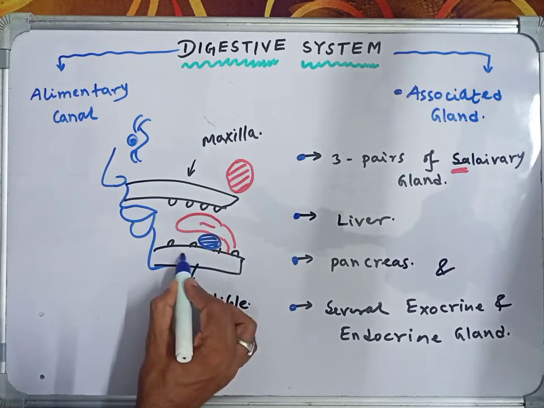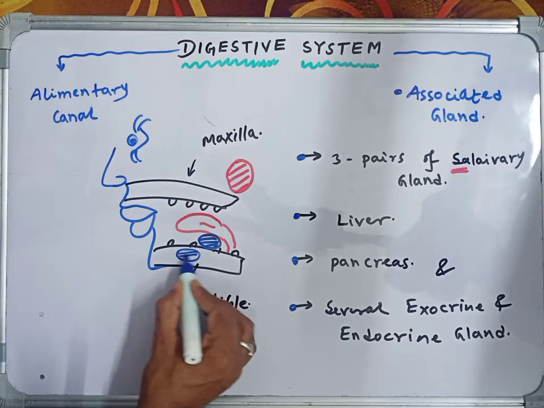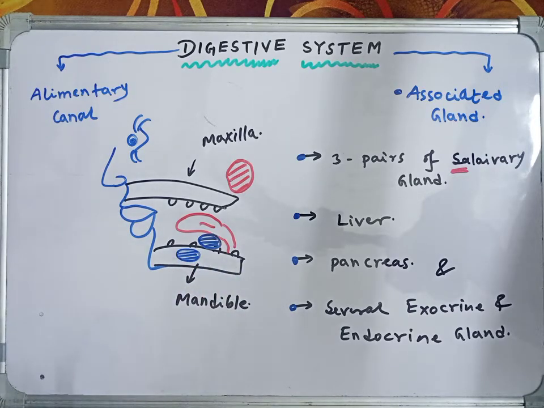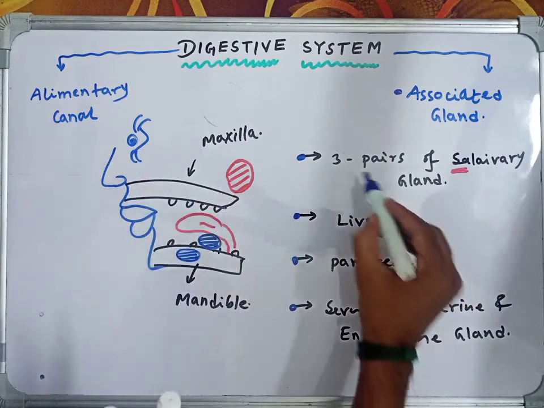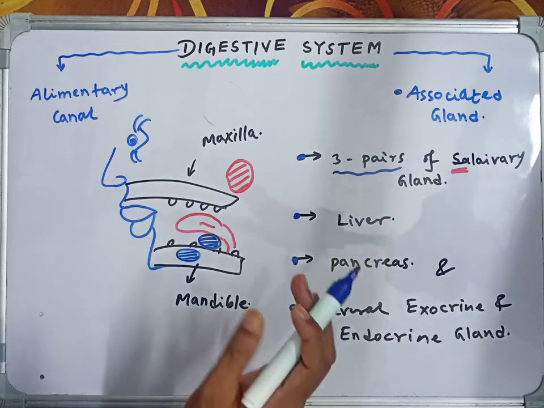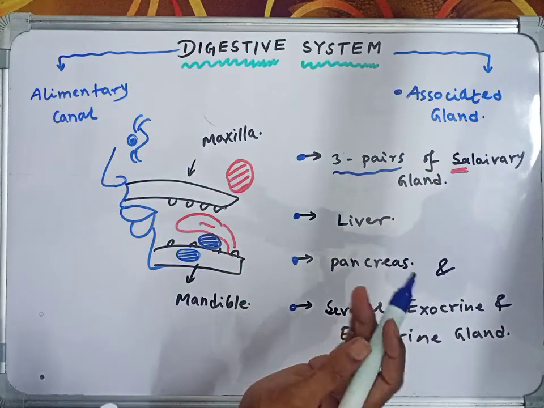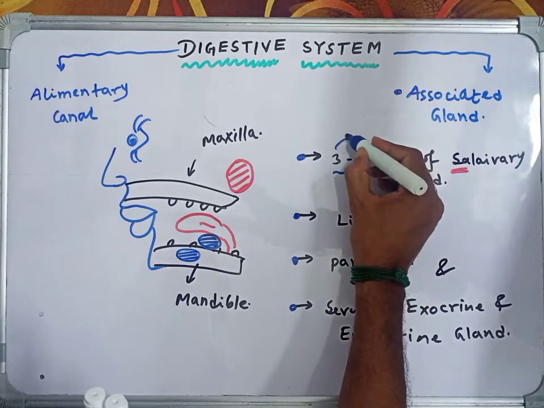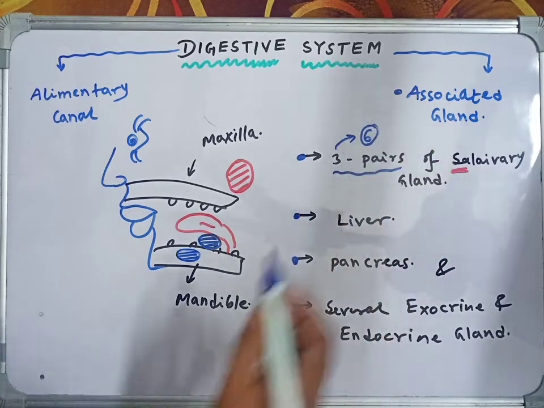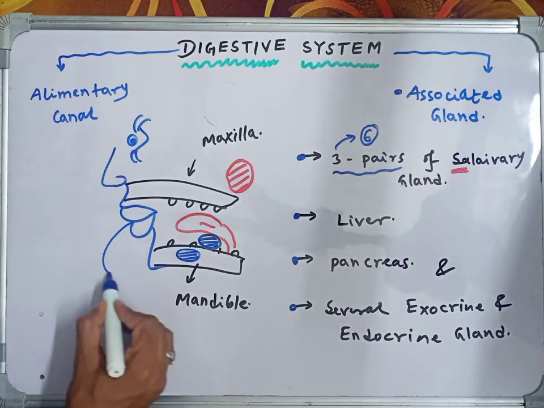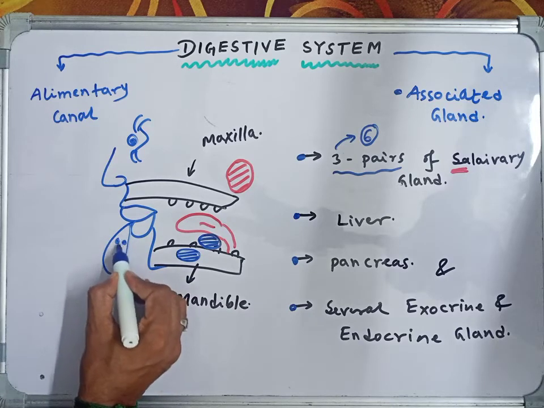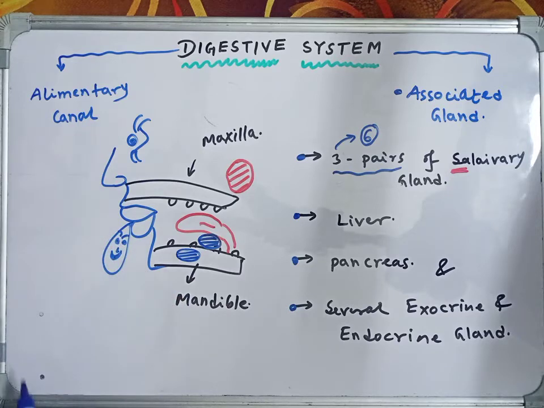And below the mandible there is also another salivary gland. That means the face contains three pairs, which means six salivary glands, and all these salivary glands are responsible for production of saliva, and this saliva is responsible for digestion of our food, right?